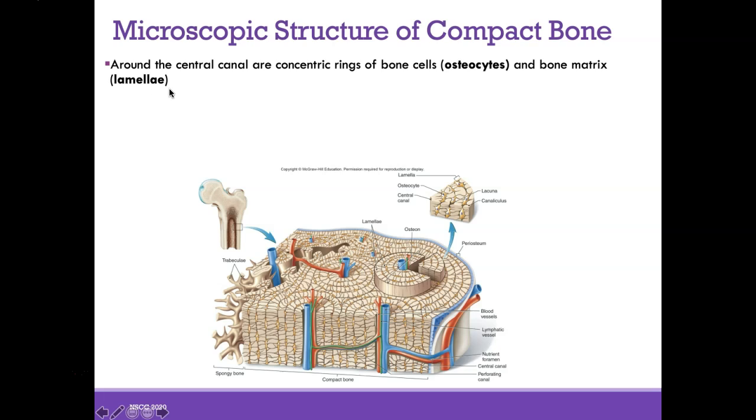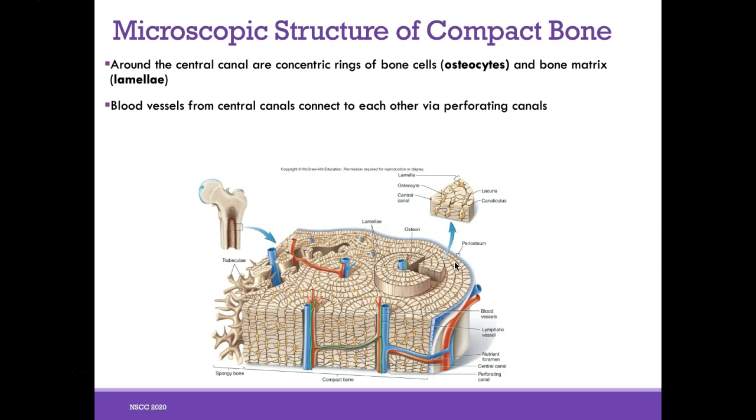Lamella literally means layer. Lamellae is plural. So we have a layer of bone, and then we have a layer of bone cells, osteocytes. And then we have more bone, and then we have another layer of osteocytes. So it's almost like rings of a tree in a way. So they go in concentric circles.